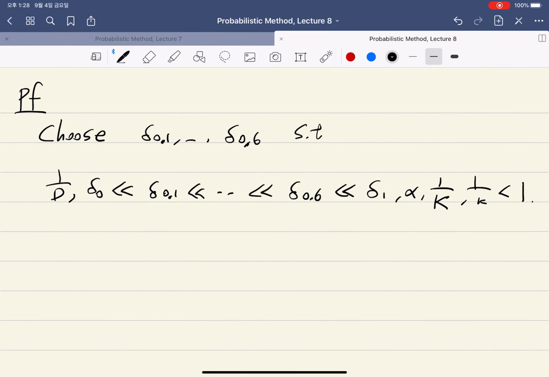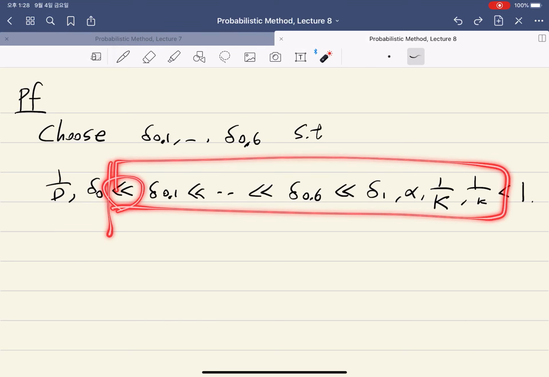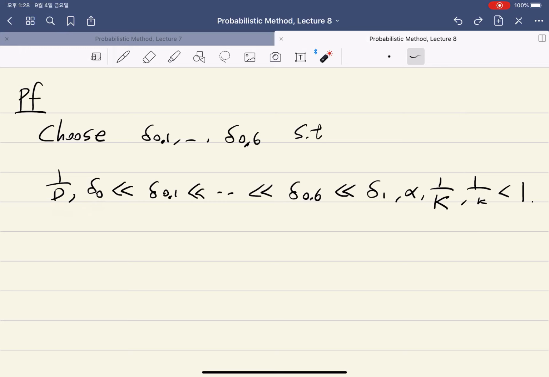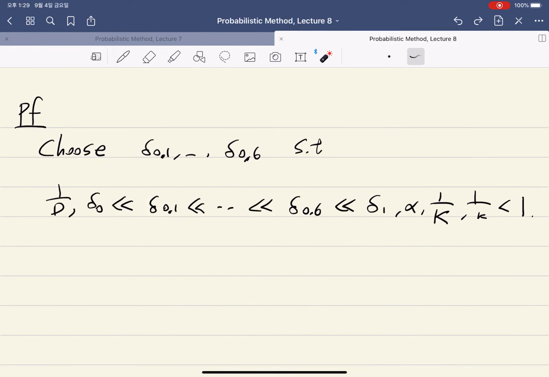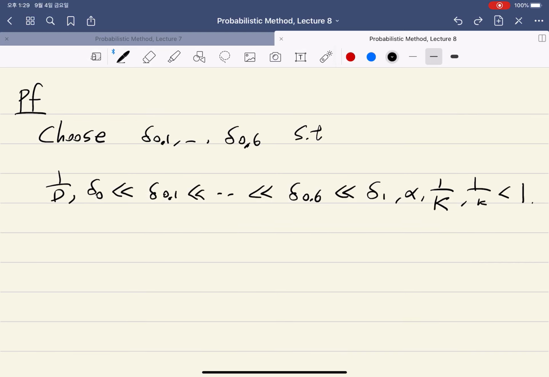There are no further relations here, so these two are below the threshold satisfying this relation. d can be any number bigger than the threshold, and delta 0 can be any number smaller than that. But we just want to show the existence of one such choice, so we assume that we have fixed it.